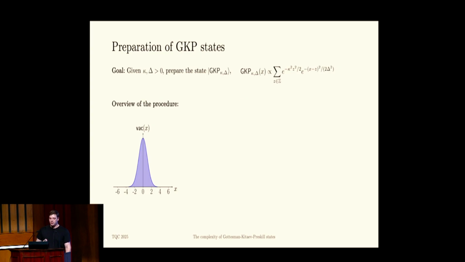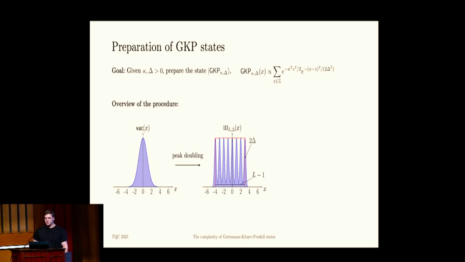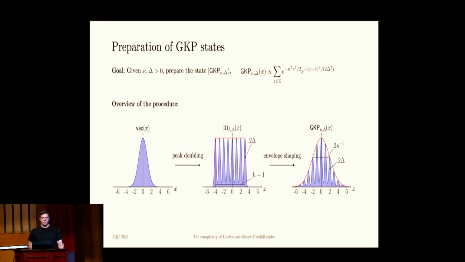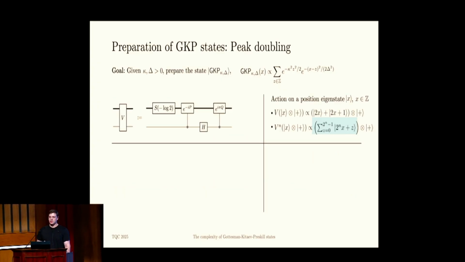All right, so now let's come to the actual preparation of GKP states. Conceptually, we want to start from a vacuum state and then iteratively double the number of peaks, creating this rectangular envelope state, a so-called comb state. And in the last step, we want to equip it with a Gaussian envelope. The peak doubling part is done by this unitary V that you can see here.